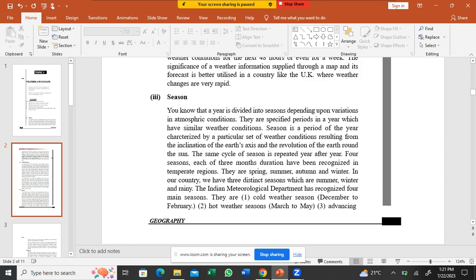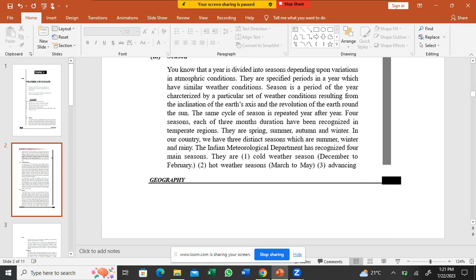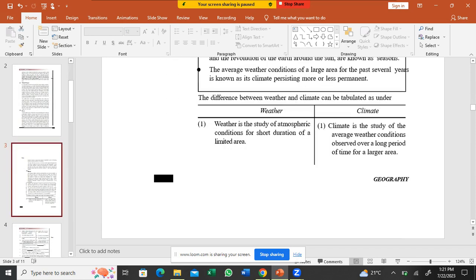They are spring, summer, autumn, and winter, and they are experienced differently in different regions. For example, a certain country may be experiencing a different season from another country.